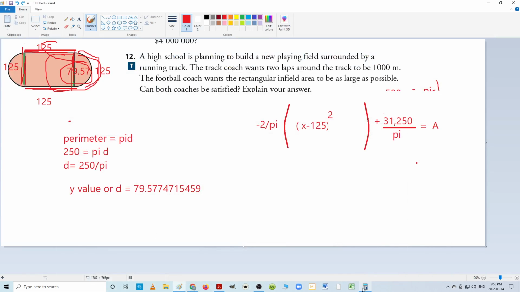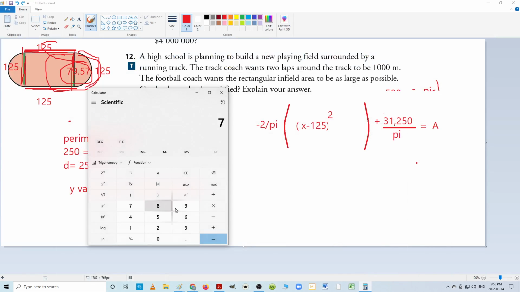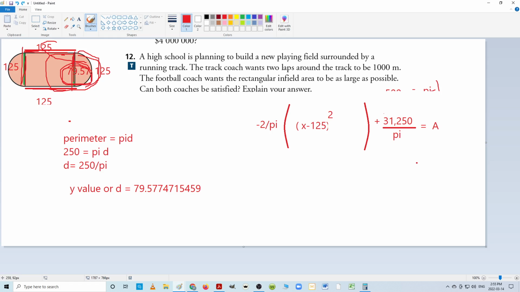Let's see here. 79.57 times 125 is equal to that. Now we just got to see if that multiplied by pi is going to equal the 31,250. And it does. There are some rounding errors because I didn't use the full decimal here.